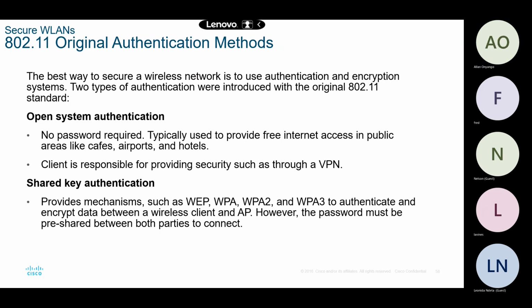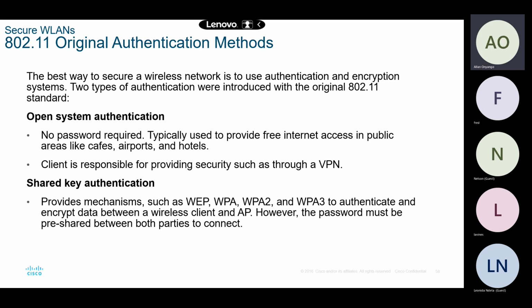Now, the other method of authentication is what is called shared key authentication. In fact, this is where it has a password, and you do have what's called the pre-shared key, all right? And so you must give someone the password beforehand before they can join the network.